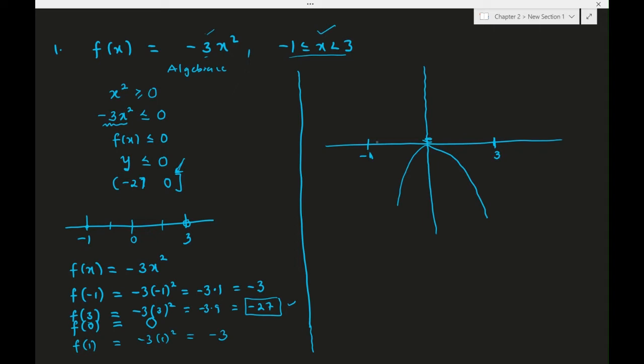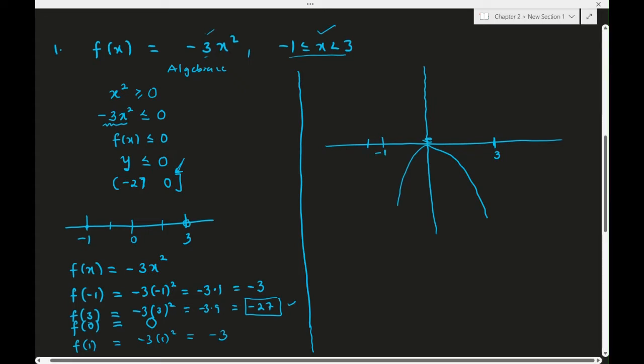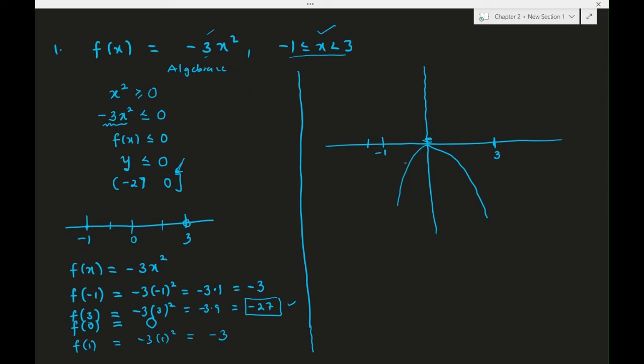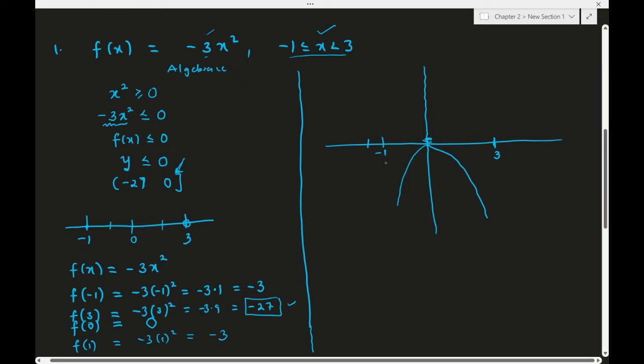So it means we need to get the value of y. What is going to be the value of y when you have minus 1? Let's say this is minus 1. It means you need to take the value of y on the graph. So let's say you come down here and touch the graph at this point, at minus 1. So you need to know what the value will be.